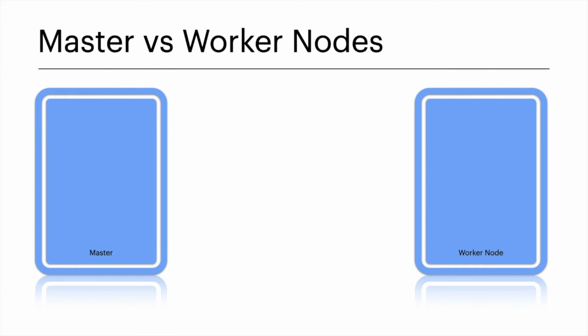So far we saw two types of servers, master and worker, and a set of components that make up Kubernetes. But how are these components distributed across different types of servers? In other words, how does one server become a master and the other a worker? The worker node, or minion as it is also known, is where the containers are hosted, for example, Docker containers.